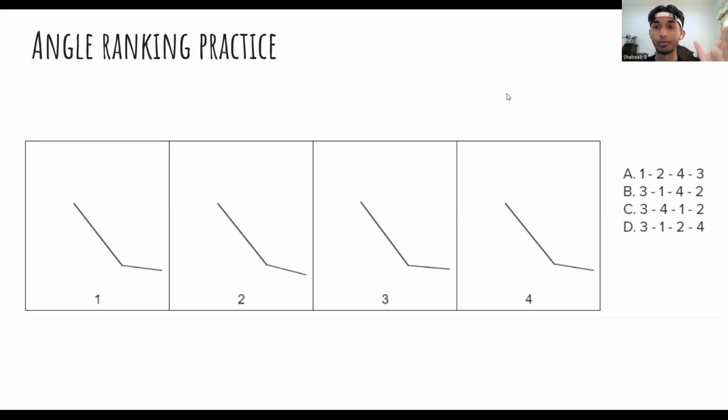And I do need to give a little warning. I cannot guarantee that this strategy will get you 100% correct every single time. It doesn't even do that for me. If I knew a strategy that would get me 100% on angle ranking every time, I would probably monopolize that and maybe get rich off of it. But this doesn't do that.